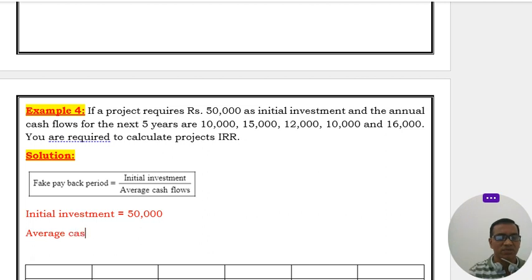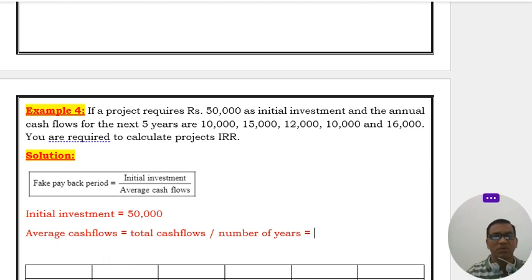Average cash flows equal total cash flows divided by number of years. What is the total cash flow? 10,000 plus 15,000 plus 12,000 plus 10,000 plus 16,000: 25, 35, 37, 47, 57, 63. So 63,000 divided by the number of years, 5, equals how much did I get?